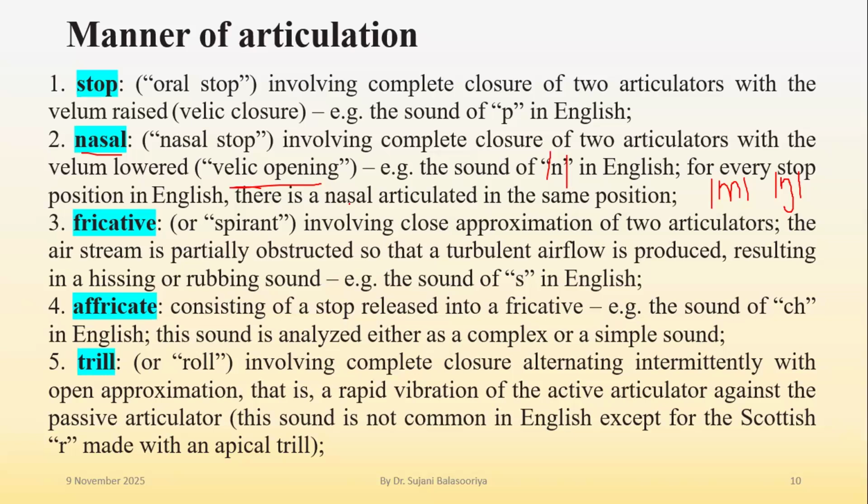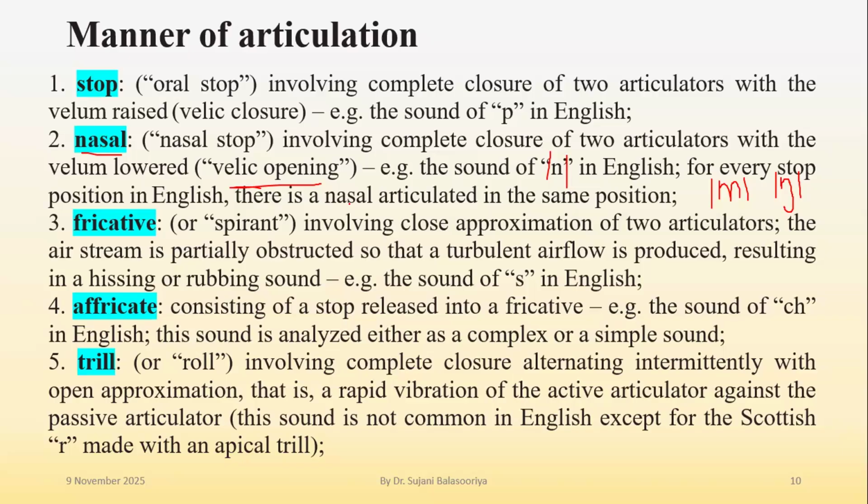There is a very small space between the two articulators. So what happens then? The airstream is coming, and it has to go out of the body through the mouth. When there is a small space, this airstream is forced through it. Because of that forcing, a hissing sound is produced, which we call friction.